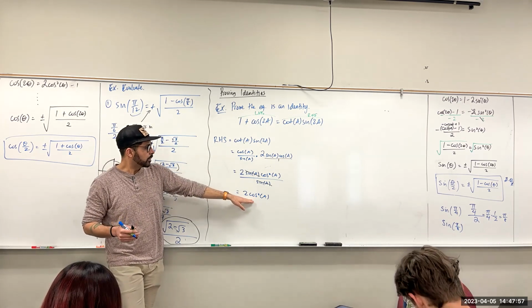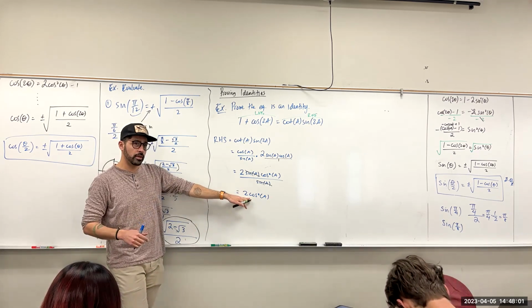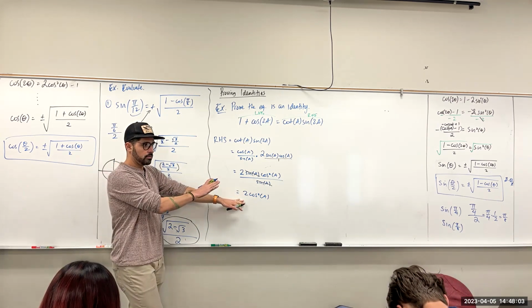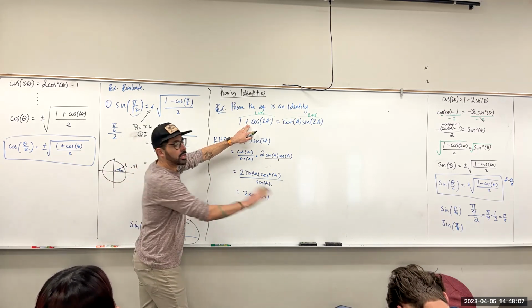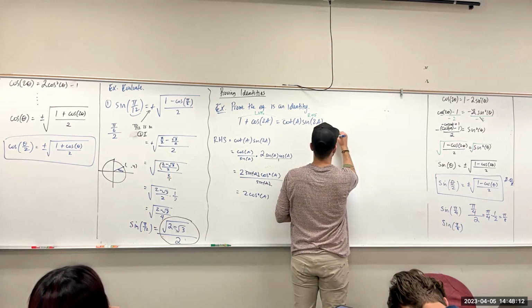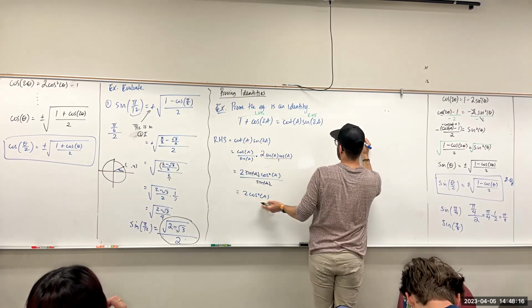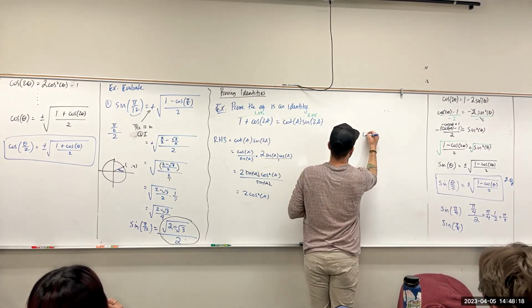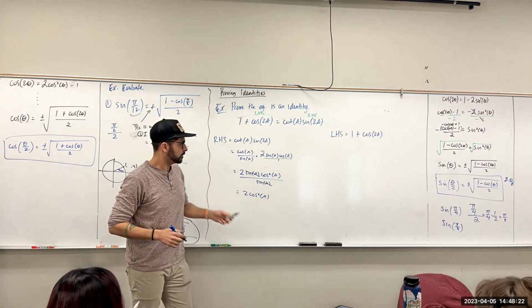But my tip is, if you're not sure how to proceed, pause it and start from the left-hand side and see where that takes you. The right-hand side only got me up to here. Let's say instead I had started with the left-hand side.